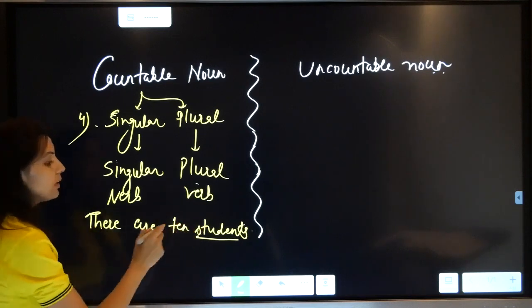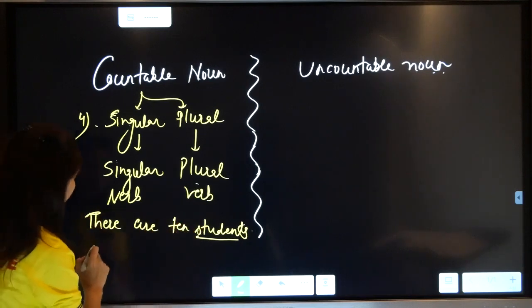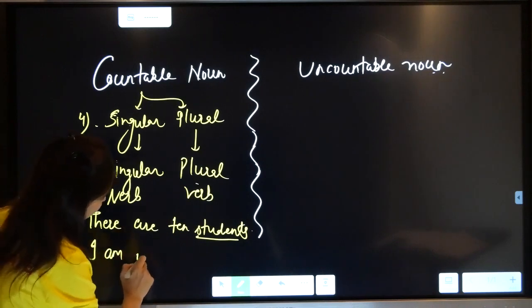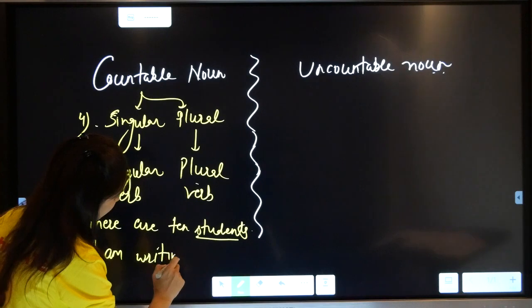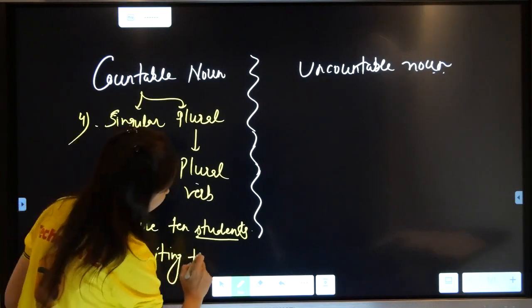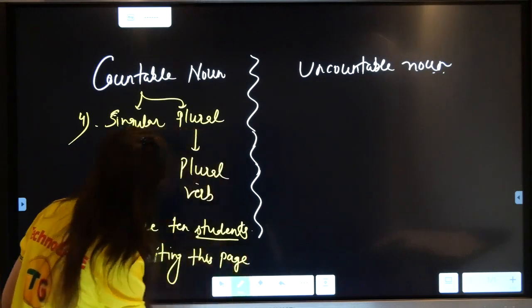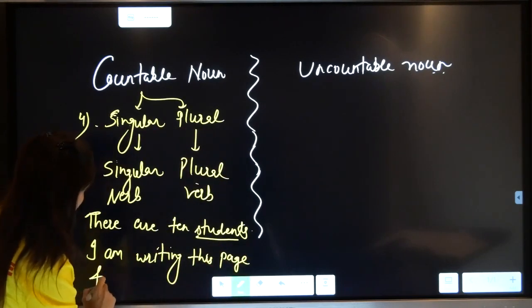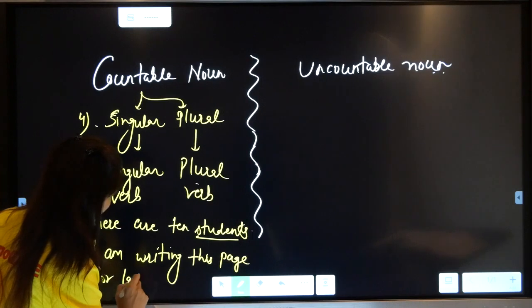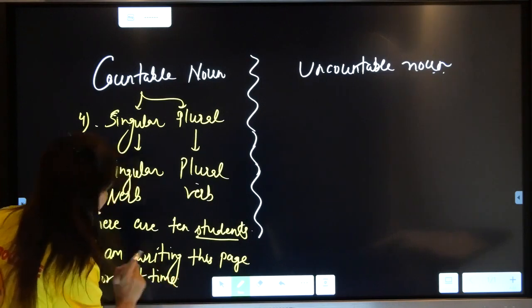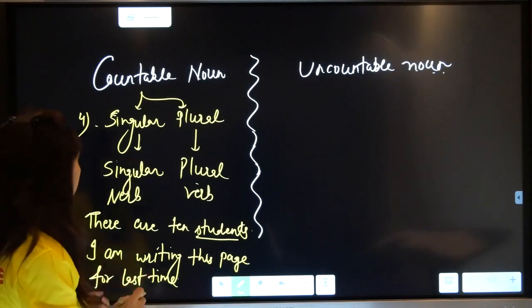Now, if I use the singular case: I am writing this page for the last time.